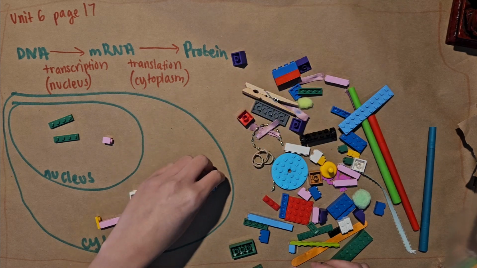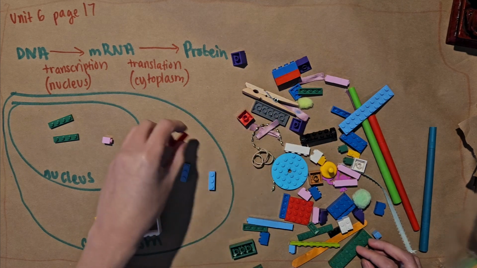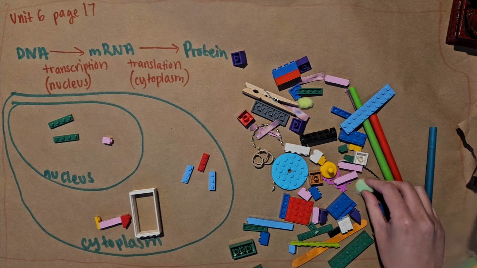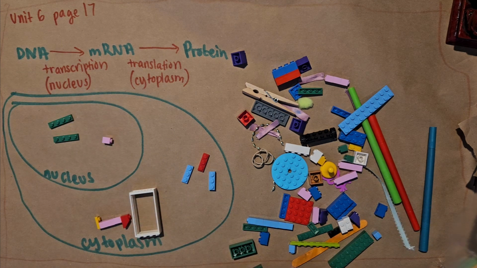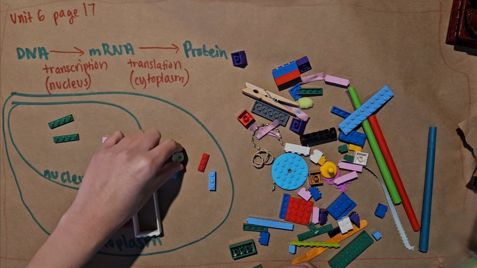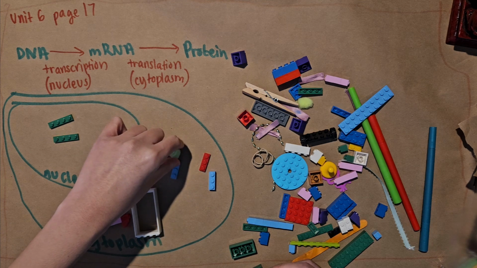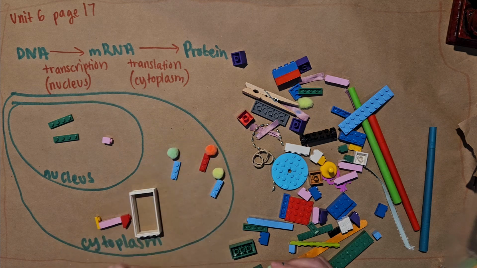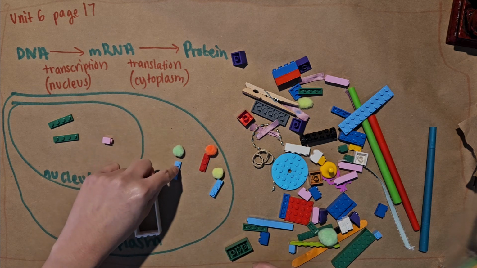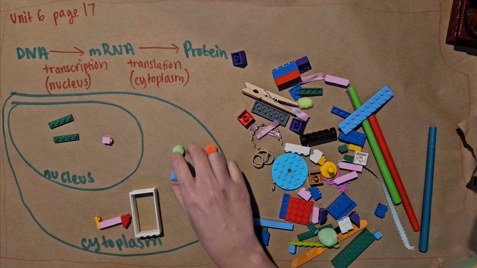There we go. And this one too, why not? They're going to come down and they're going to have little amino acids attached to them. So these are the tRNAs. They're going to come down.